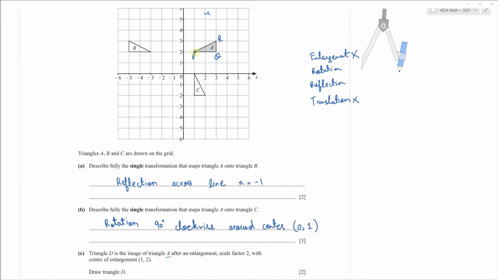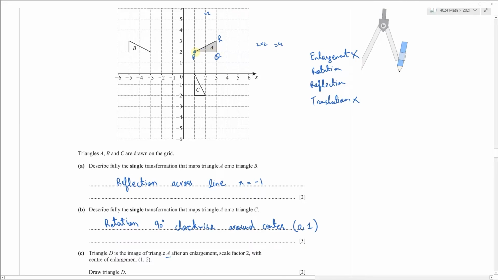So now to find the vertices of triangle D, I will take the distance of each point to the center of enlargement. So let's start with Q. The distance is 2. Since scale factor is 2, the distance will be multiplied by 2. So 2 multiplied by 2 will be 4. And since the scale factor is positive, I will remain on the same side for the image as the object.